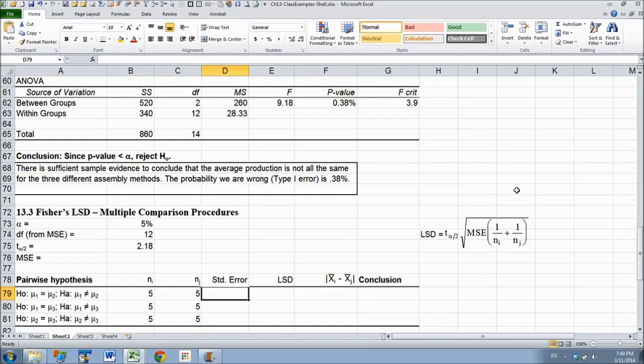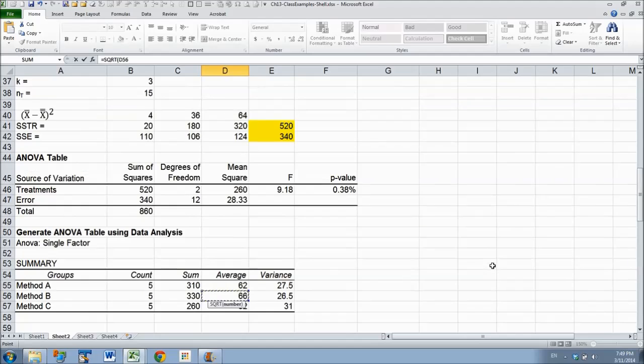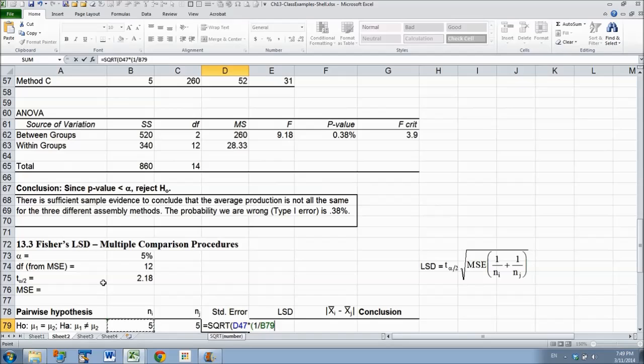Now the standard error is that part. So we have square root of MSE. Again, we can get the MSE from either this ANOVA table or the ANOVA table that data analysis generates, times 1 over n sub 1 plus 1 over n sub 2.